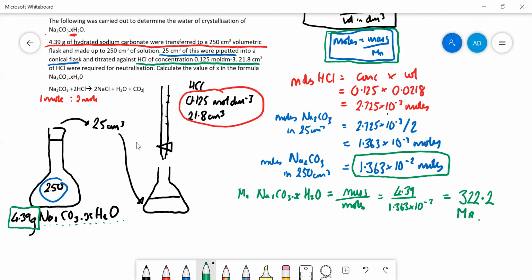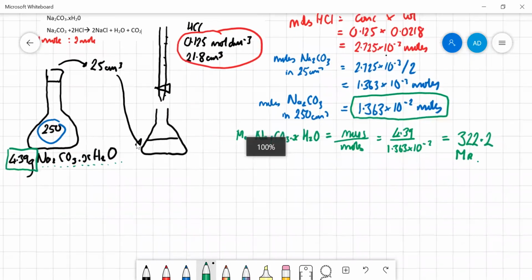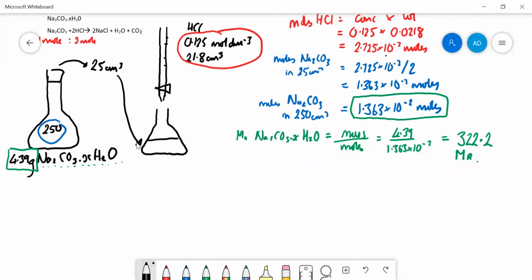Okay, so now we have to look at our formula of hydrated sodium carbonate. We have to find out what the value of X is. So the total Mr is equal to 322.2.